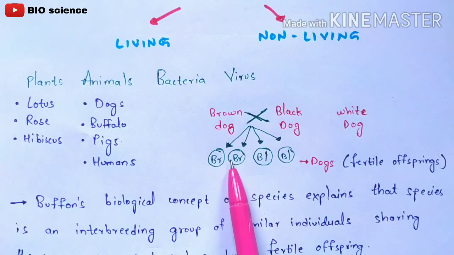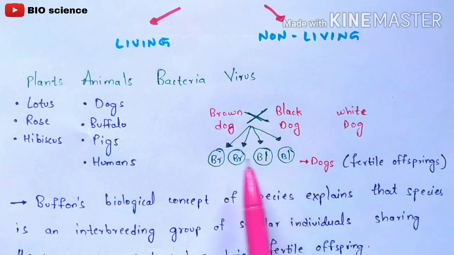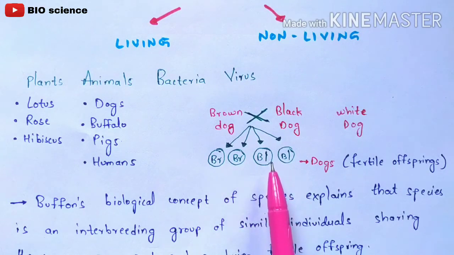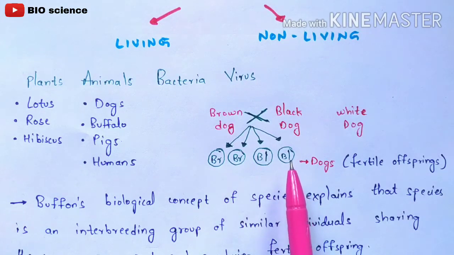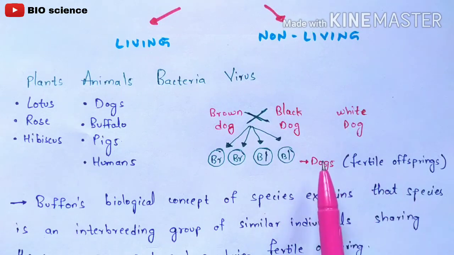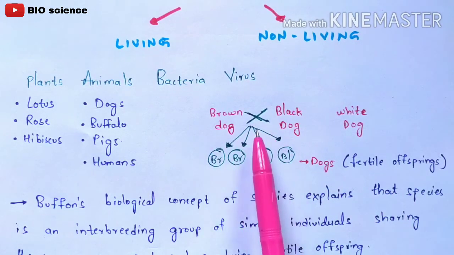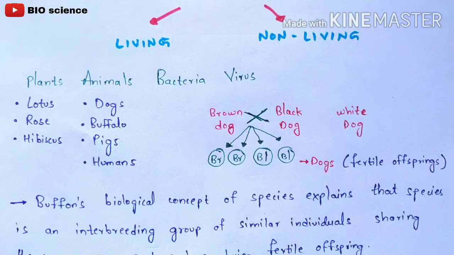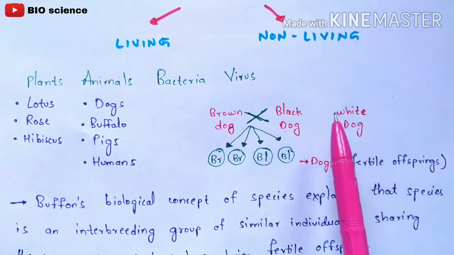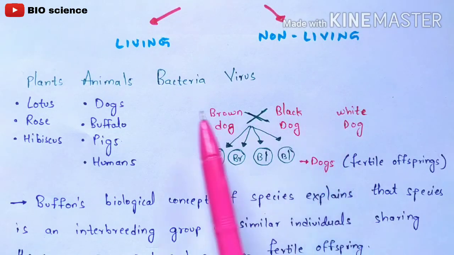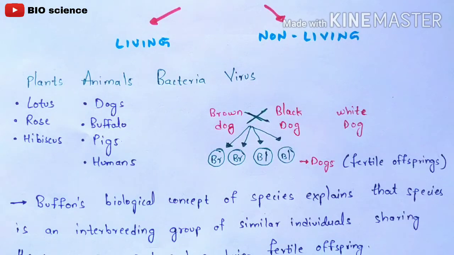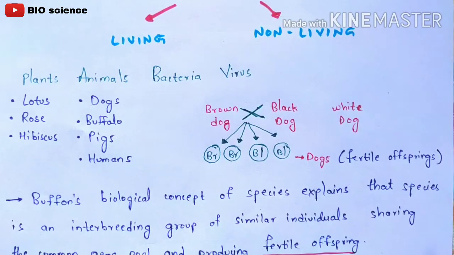It may be two brown or two black, or one brown and three black, or three brown and one black. In that way, fertile offsprings will be produced by the mating of these individuals. Remember, all of these individuals belong to the same species, and the name of that species is nothing but the dog, right? So this is what is explained in the definition.